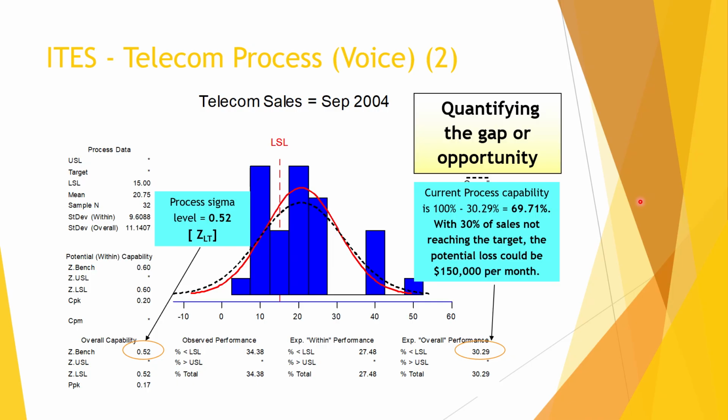Really powerful. And when we get to the black belt, I'm going to show you that connecting the dots in the section titled COPQ, Cost of Poor Quality, is a must.